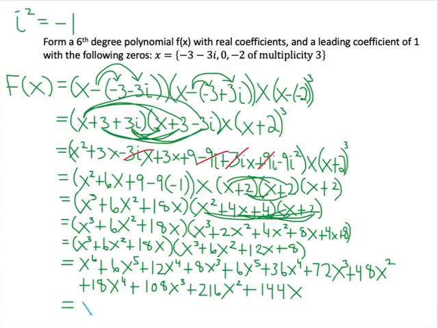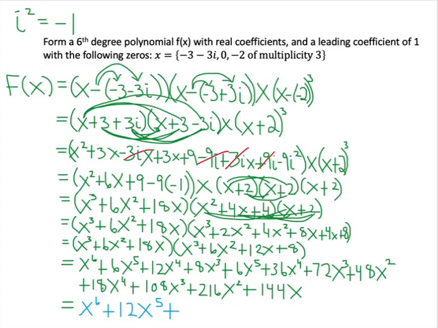So we have x to the 6th, plus, we have 6x to the 5th and 6x to the 5th, that's 12x to the 5th. Plus 12x to the 4th and 36x to the 4th is 48x to the 4th.